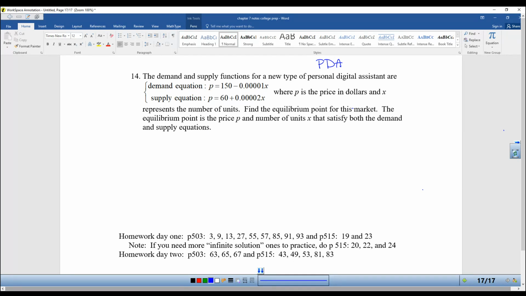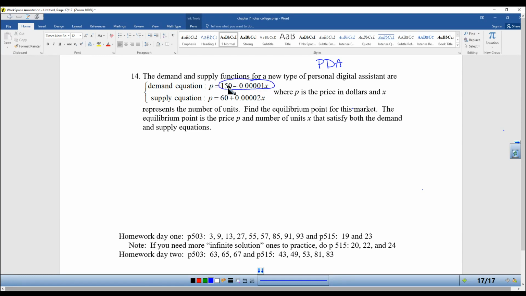So the price and how many units they make, they have these things called demand equations and supply equations. So if you're thinking about going into the business field, this is a great example of how math is heavily involved in business decisions. You want the price and the number of units you make to satisfy both the demand and the supply equations. So you can do that pretty simply by using substitution.